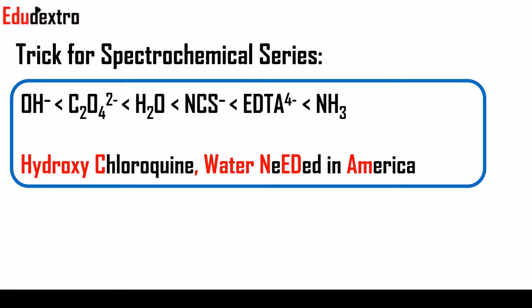We have ED next in needed, and ED stands for the EDTA 4 minus ligand, that is the ethylenediaminetetraacetate ligand. Then we have America, which is taken as ammonia, that is the NH3 ligand.